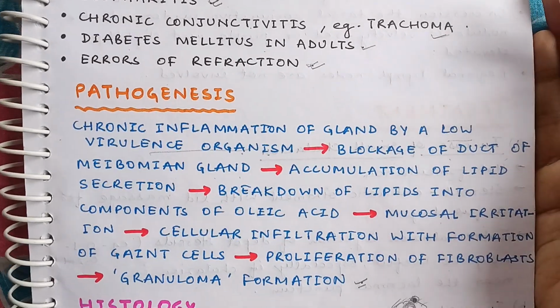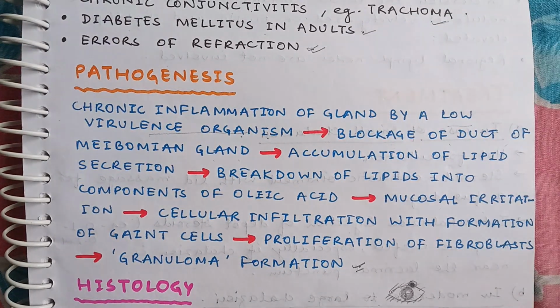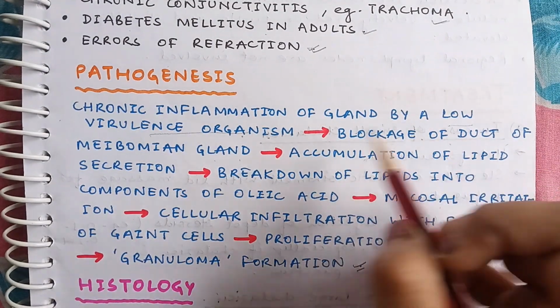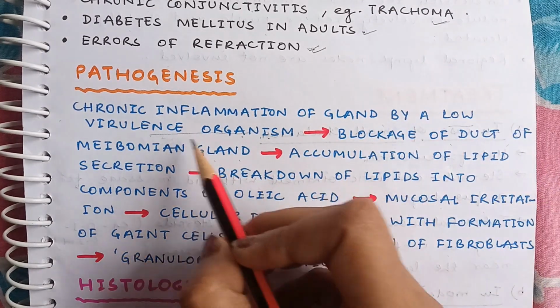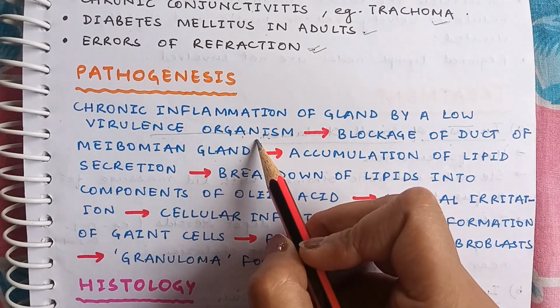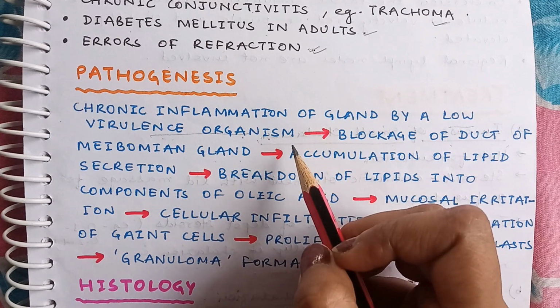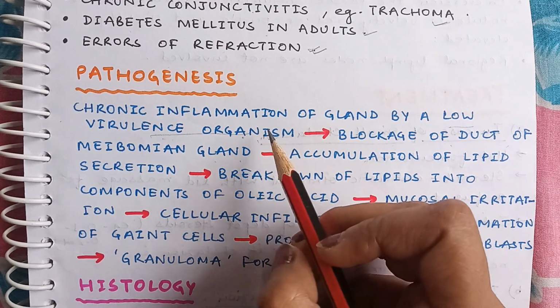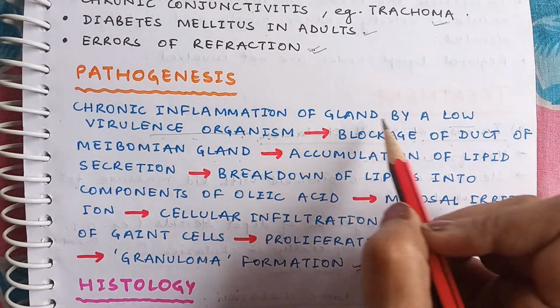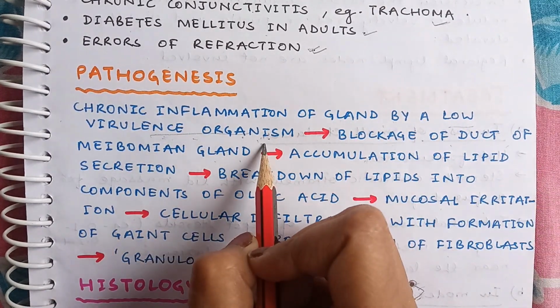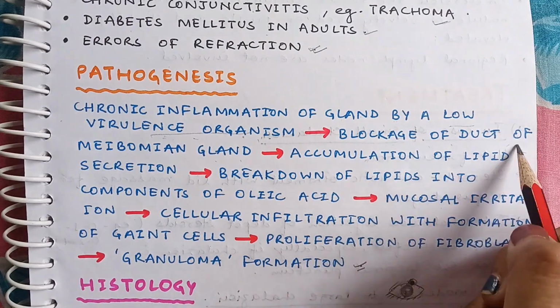Now let's see the pathogenesis. What is the pathogenesis of chalazion? Chronic inflammation of the gland by a low virulence organism. Usually a mild grade of infection of the meibomian gland occurs by an organism of low virulence. Next is blockage of the duct of the meibomian gland.